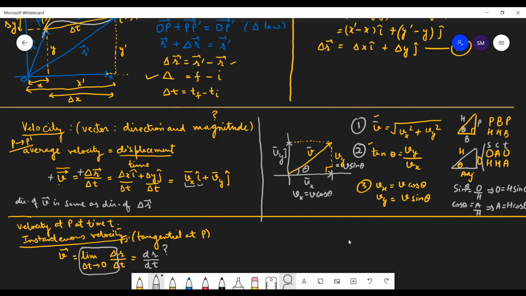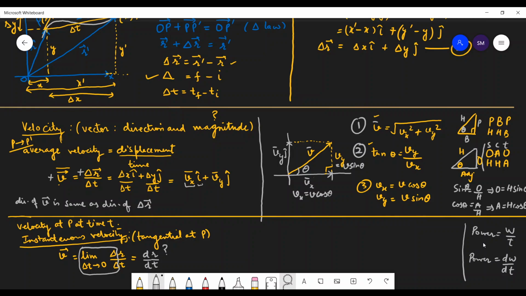I am giving you one example: let us take power. Power is equal to work done upon time taken. Another formula for power is dW by dt.